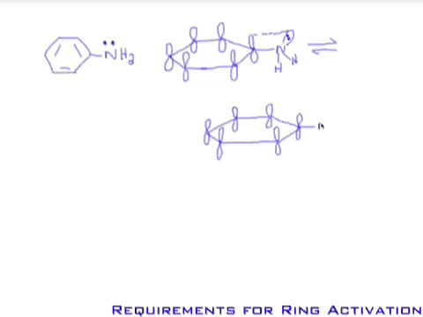And if nitrogen goes sp2, the lone pair ends up in a 2p, which I've exaggerated in size. And those two electrons overlap side to side with the aromatic ring. That means those two electrons can delocalize into the ring. So this is shown by resonance.